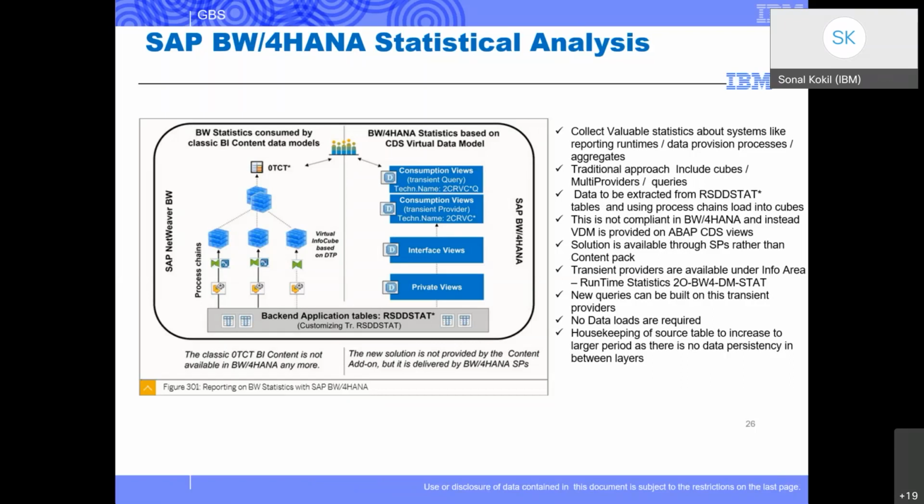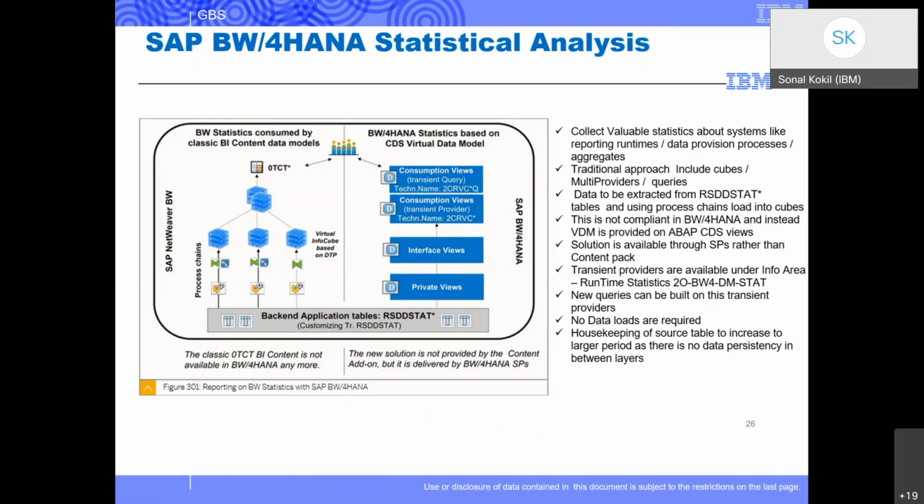So there were some standard cubes provided by SAP where you can do your loading analysis, process chain analysis, your query time, execution time. This is the story of the days when we were not having HANA system, and system performance was a big concern for clients, and they were struggling to complete the loads.